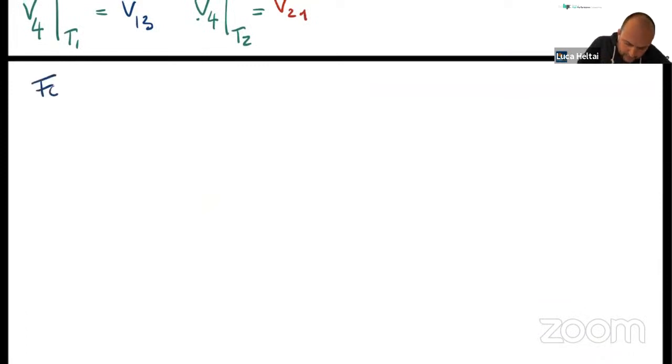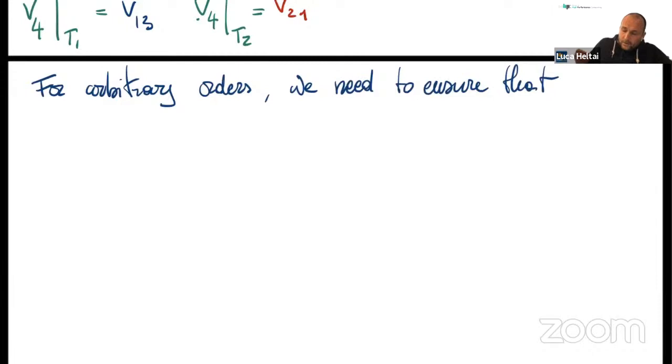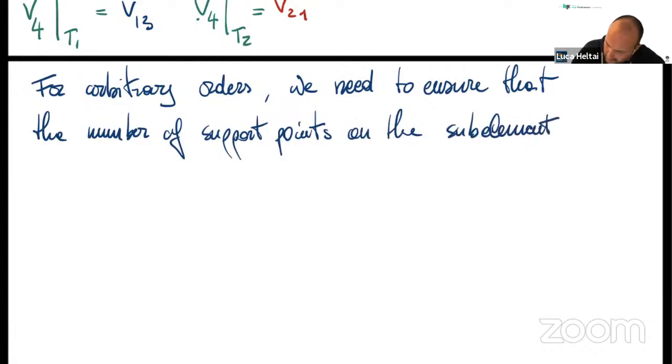Well, the idea for arbitrary order is we need to ensure that the number of support points on the subelements of T_K, and that's, for example, edges.